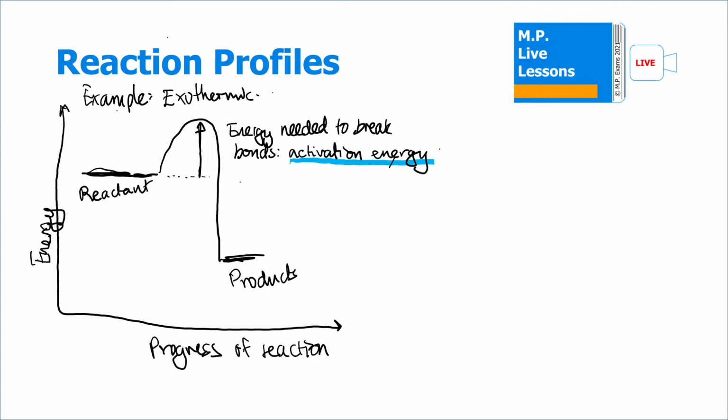Whereas this, from the height of this curve down to the product line, is the energy released from forming bonds.